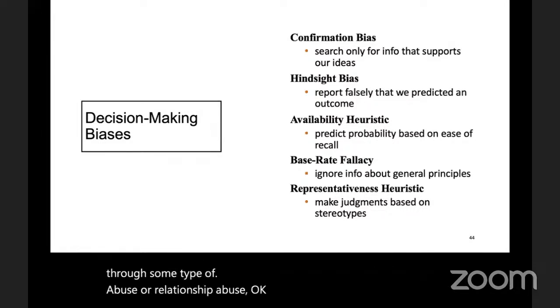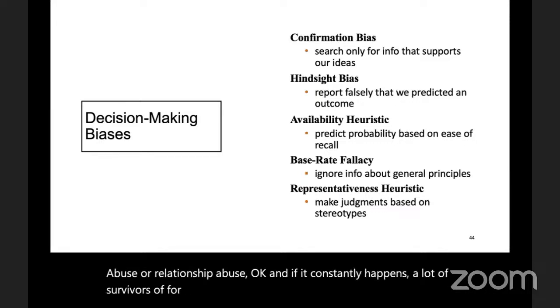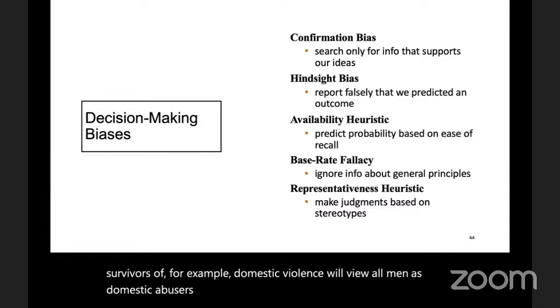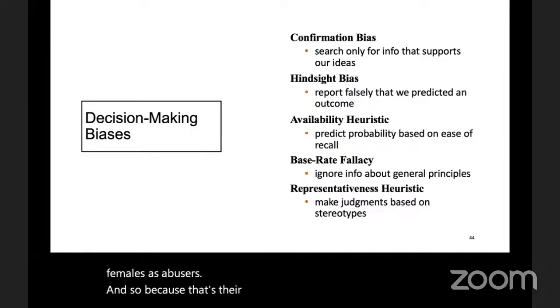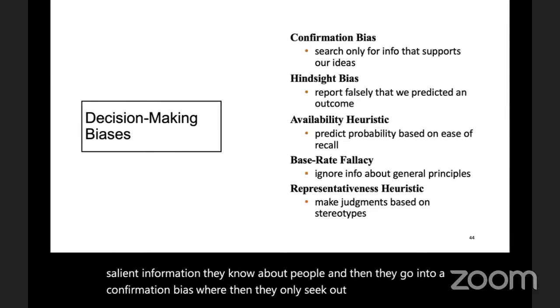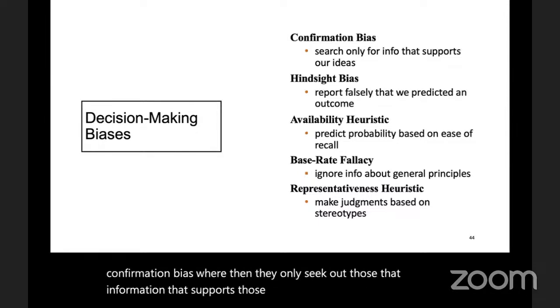If it constantly happens, a lot of survivors of, for example, domestic violence will view all men as domestic abusers, or if it's a male who was abused, they will see all females as abusers. Because that's their availability of what they know, the most salient information they know about people, and then they go into a confirmation bias, where they only seek out information that supports those ideas.